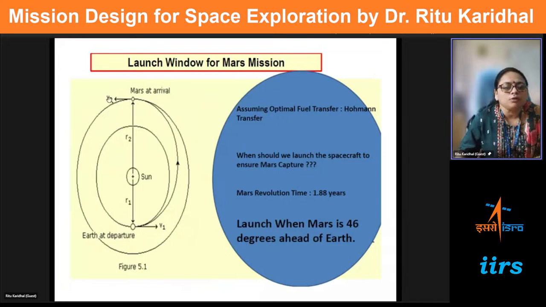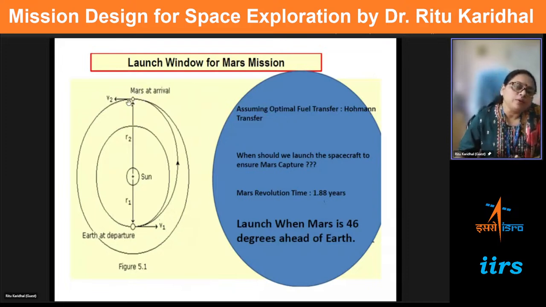Otherwise, Mars is rotating around the orbit and is not there everywhere. When you reach, Mars should be there. If you say the Martian revolution time is 1.88 years, around 1.8, then every 1.8 years you will get a geometry where, when you design the orbit, it reaches the point where Mars also is at that time.